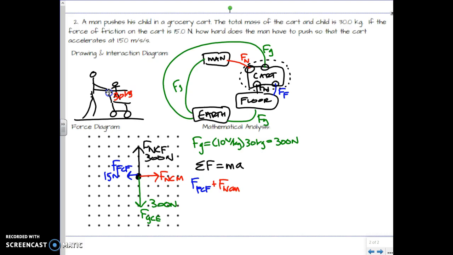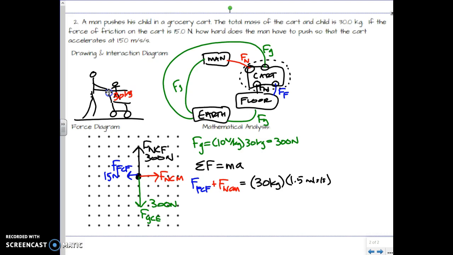So when we talk about the total forces, those guys balance perfectly, the black and the green do. The red and the blue force here are in competition with each other. They're going against one another. And so we know that that has to equal the mass of the cart, which is 30 kilograms. And we want to accelerate the cart at 1.5 meters per second squared, which just to me seems like faster than you want to accelerate a cart with a kid in it. But hey, what do I know?